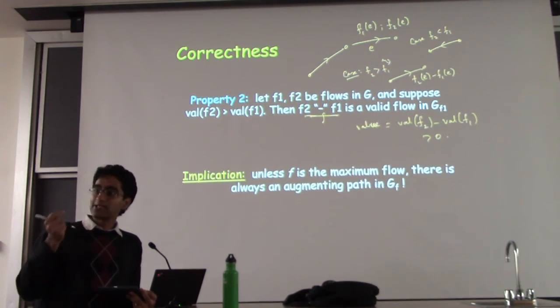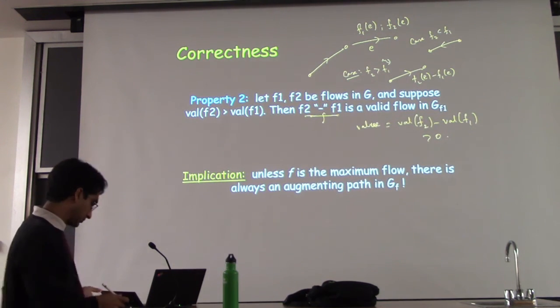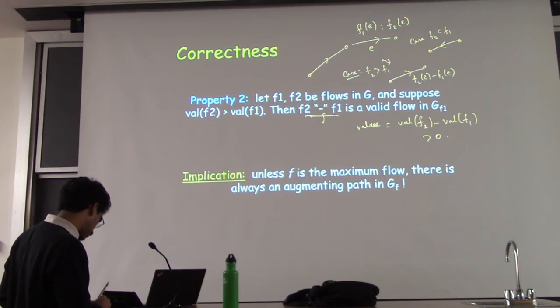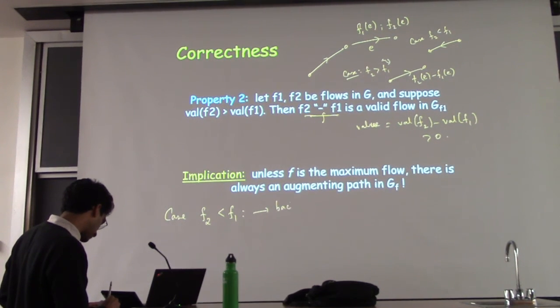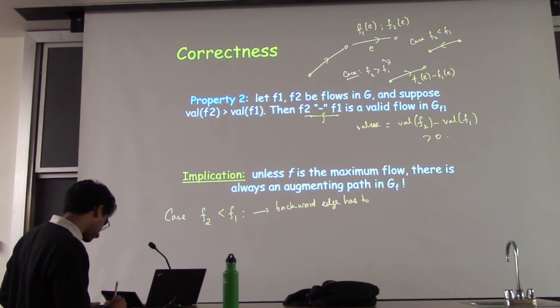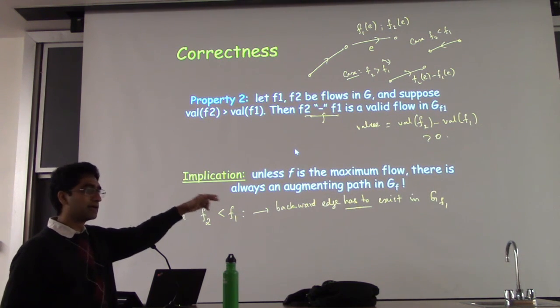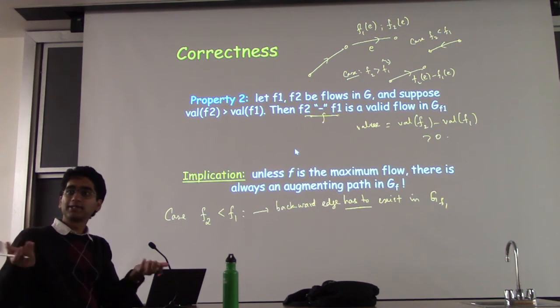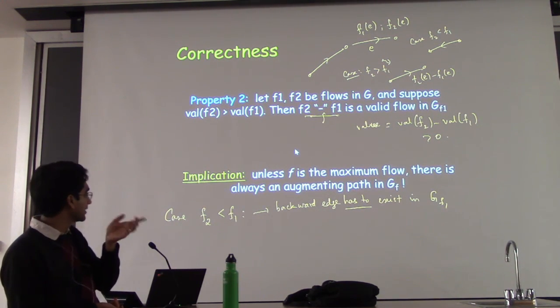So the backward edge always exists in this case. Let me write down this case separately so that it's clear: f2 less than f1. In this case, the backward edge has to exist in G sub f1, because the residual has a backward edge whenever f1 has a non-zero flow.